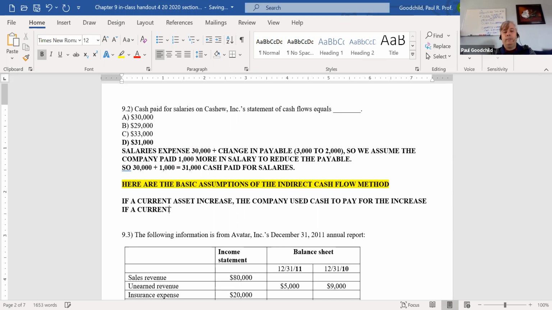If a current asset decreases, the company generated cash from that decrease.